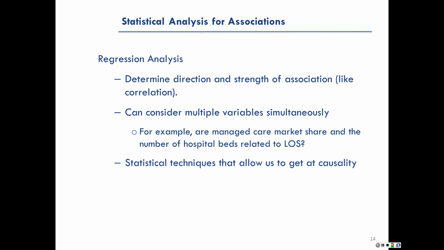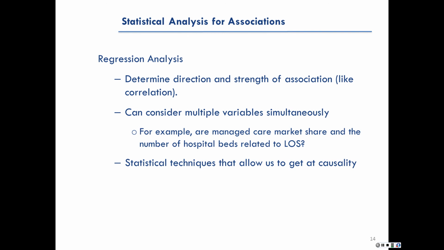Regression analysis, on the other hand, which we're going to discuss in the next module, can also determine the direction and strength of an association like correlation. However, we can consider multiple variables simultaneously, so more than just two variables. For example, are managed care market share and the number of hospital beds related to length of stay?